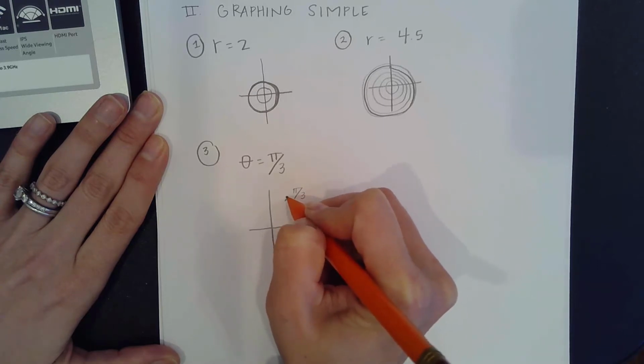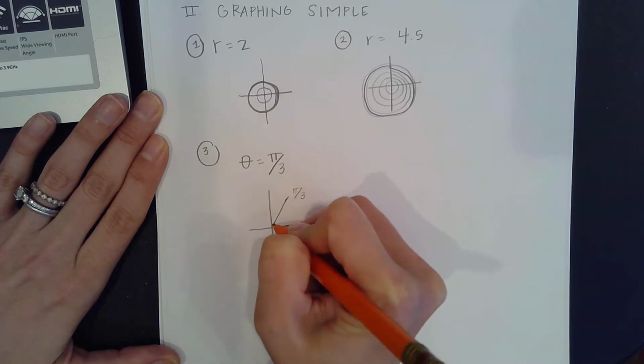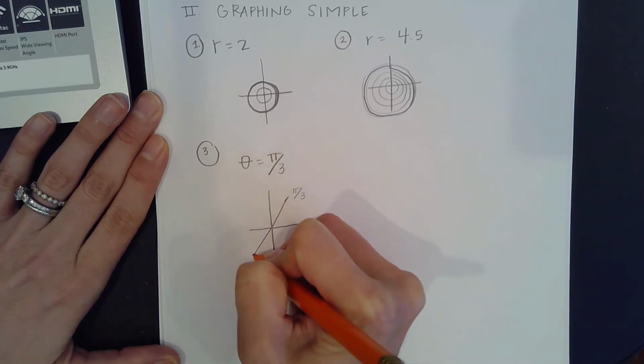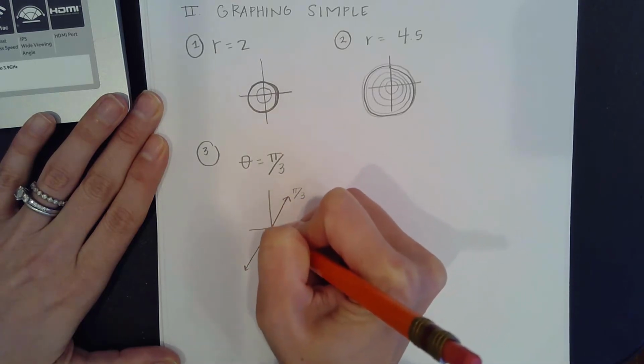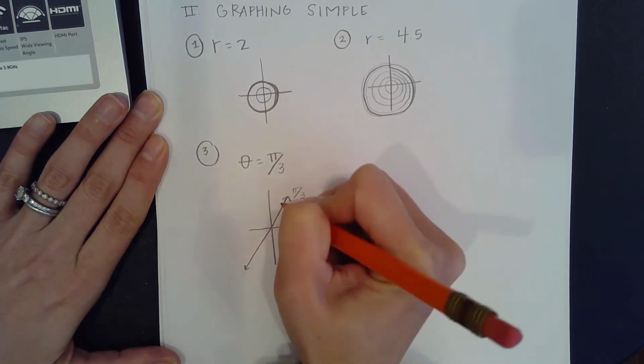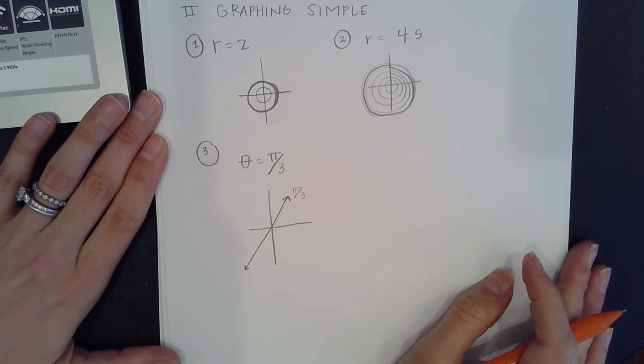So pi over 3 is going to go through the origin all the way through to the other side. So a negative and positive here.